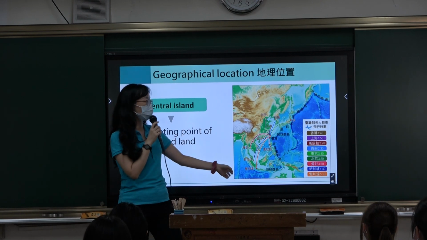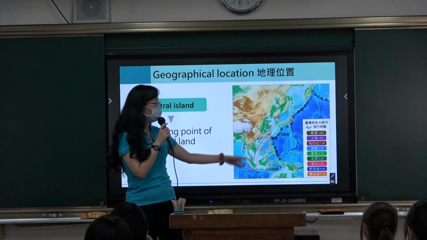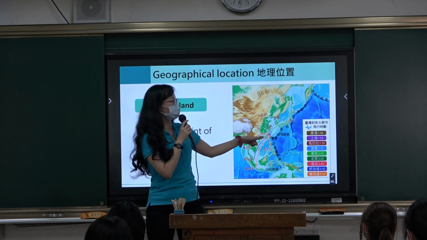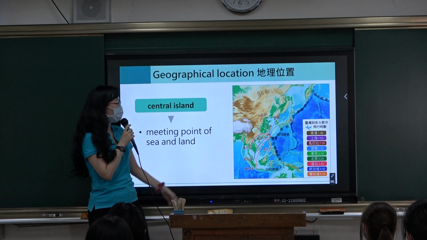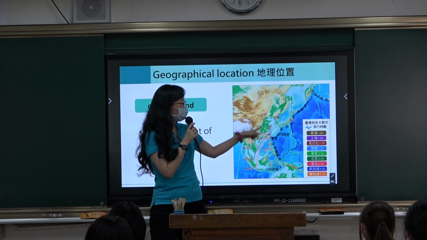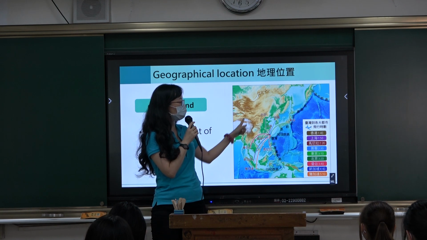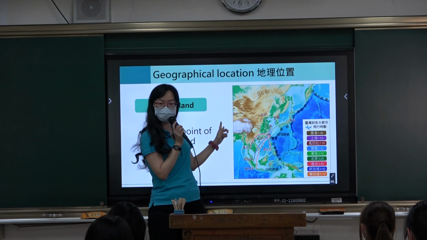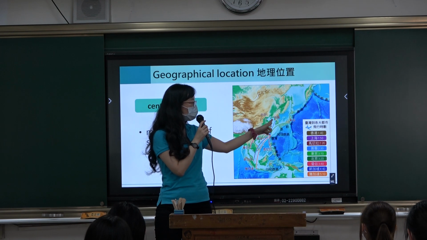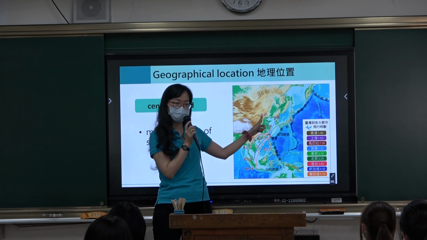Taiwan actually is on the eastern side of Asia, and it's at the central point. As you can see from the map, we are quite in the center, and next to Taiwan, the biggest neighbor is which country? Yeah, China. And in the northern side, which country is this?